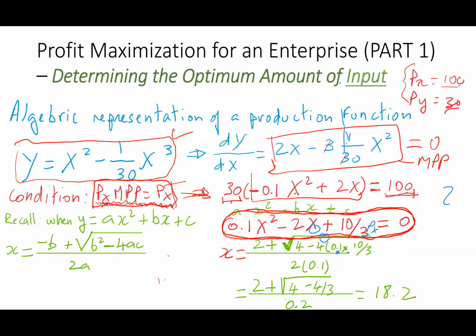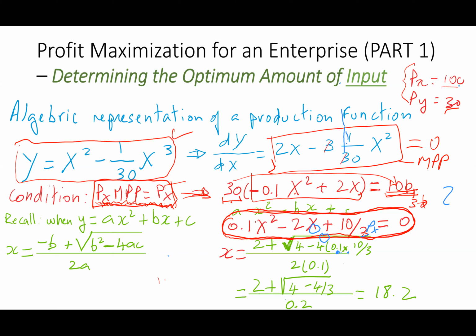And so we have a quadratic function, which is 0.1x squared minus 2x plus 10 divided by 3. Of course, we take the 30 here and we move it to the other side. So 30 divided by 100 is 3 divided by 10, or 100 divided by 30, which is 10 divided by 3.